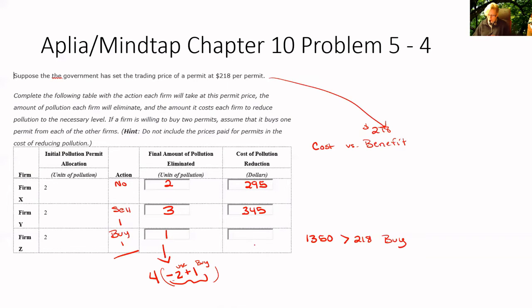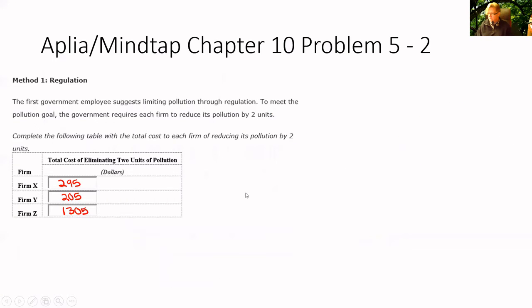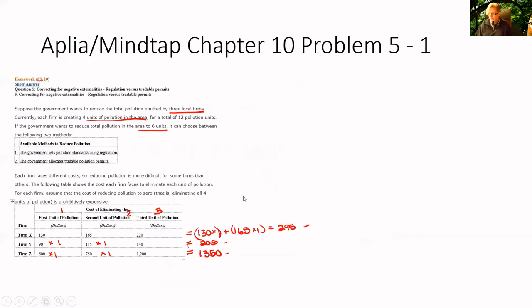Okay, so what was the cost of that? So we go ahead and look back at our table, and if you look back at the table, let me see if I can do this. Yeah, we can. The very first table that we saw here, we saw that Z has the first unit of pollution is 600.